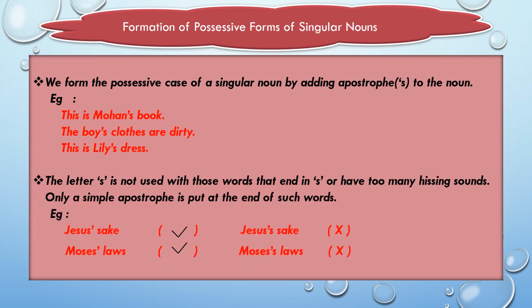See first one, Jesus apostrophe sake. Jesus is a singular noun which ends with s. It already has a hissing sound and it ends in s. So we will not put apostrophe s. No. Jesus apostrophe s sake is wrong. We will only add apostrophe in this case. So Jesus apostrophe sake. This is the correct way to form the possessive case.